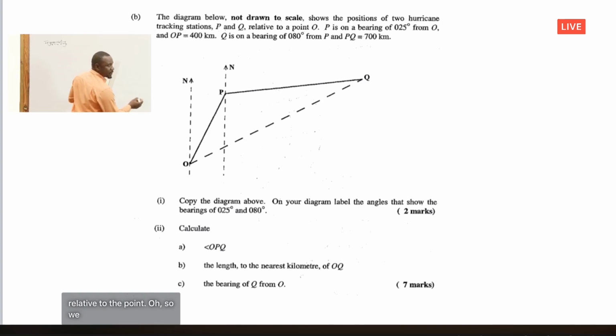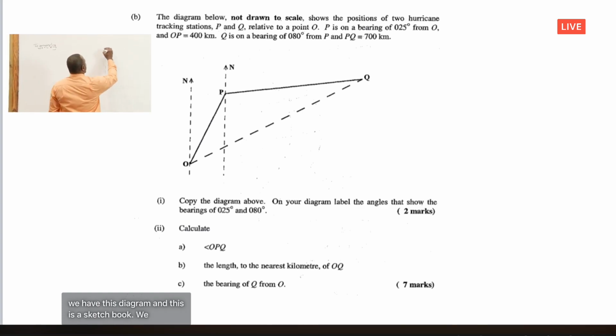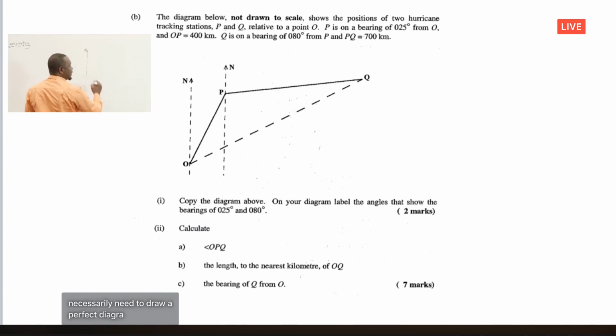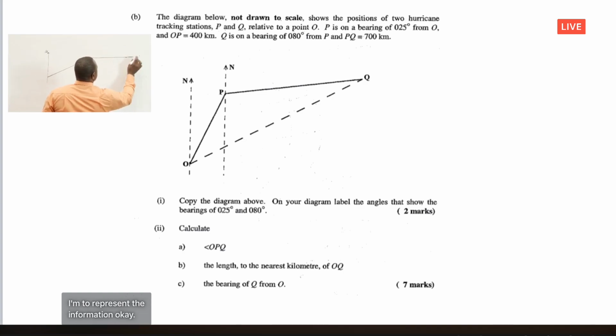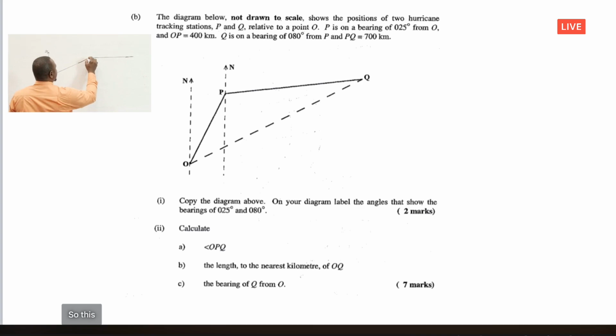So we have this diagram, and this is a sketch. We don't necessarily need to draw a perfect diagram. We just need to have a fairly accurate diagram to represent the information. Okay? So this is our P point, and we have this N, North Pole, O, and we have Q here.